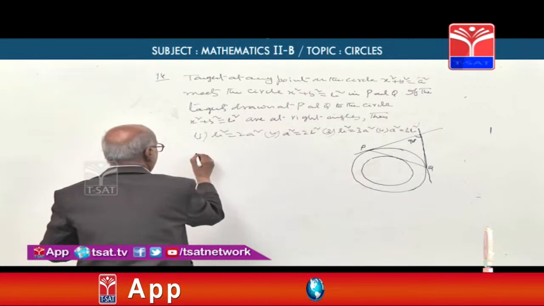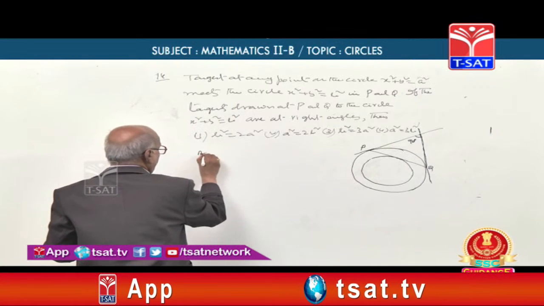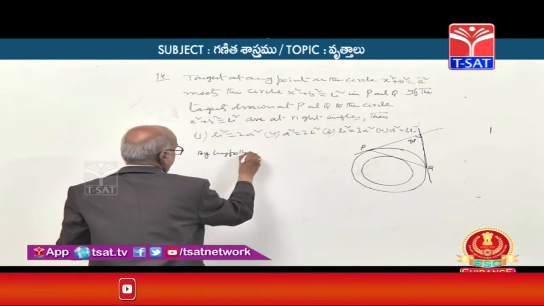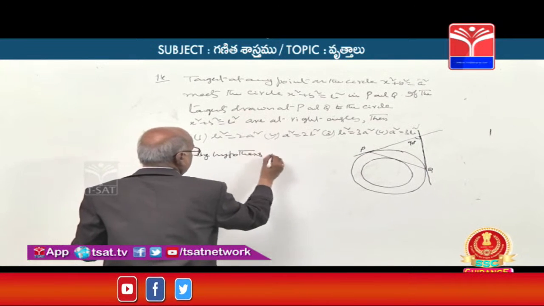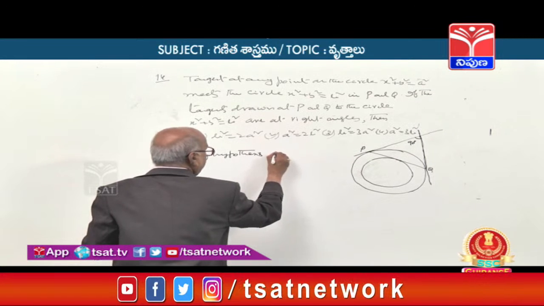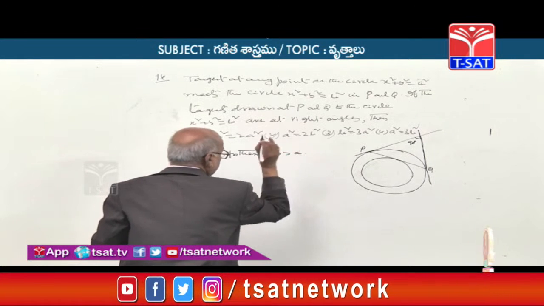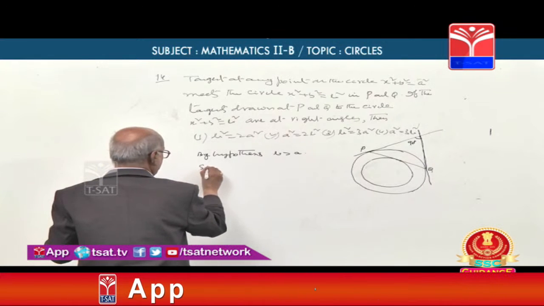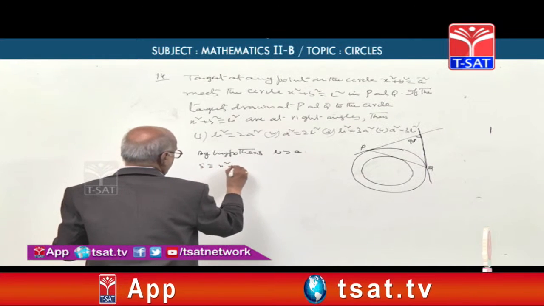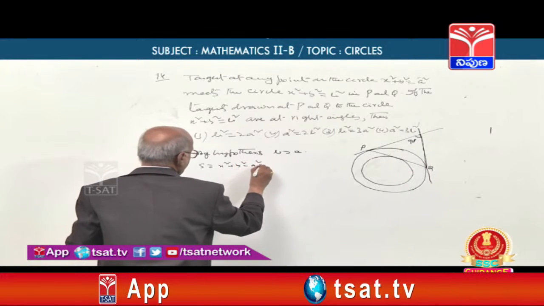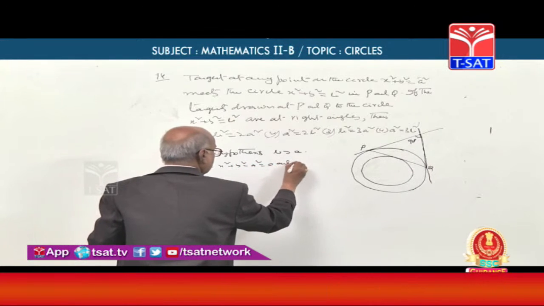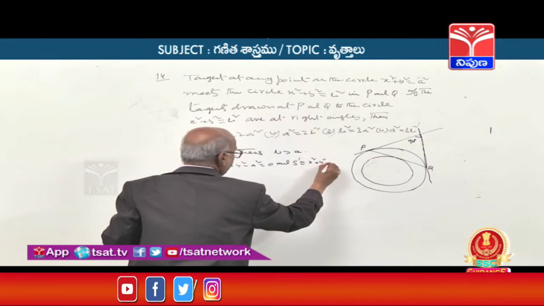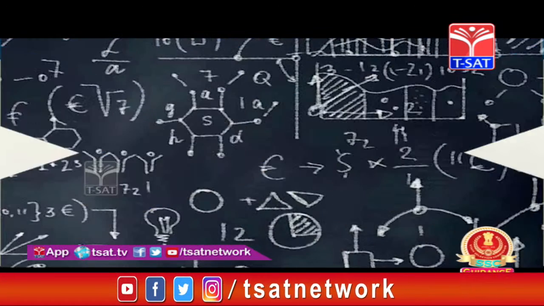Now, by hypothesis, B is greater than A. Now, let S equal to x square plus y square minus a square equal to 0, and S dash equal to x square plus y square minus b square equal to 0.